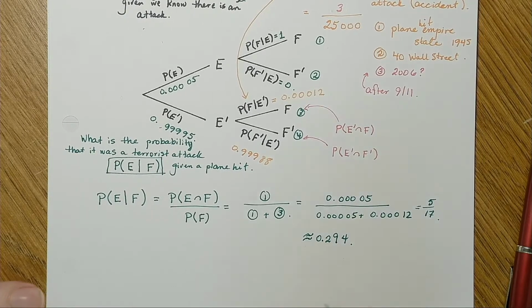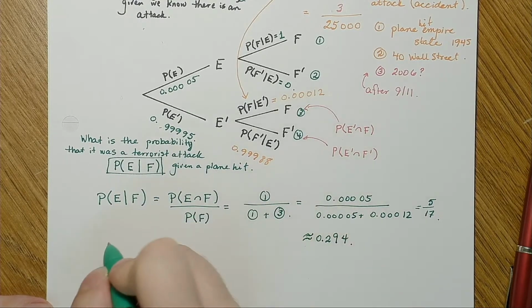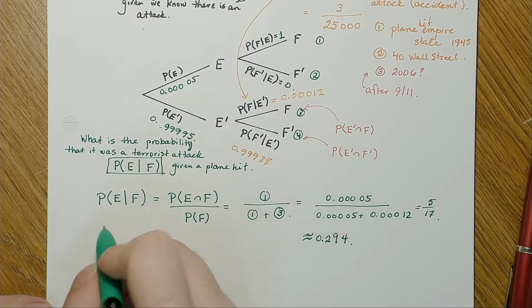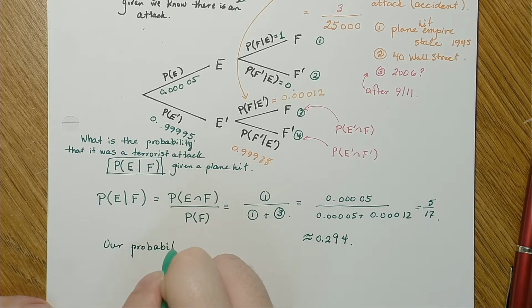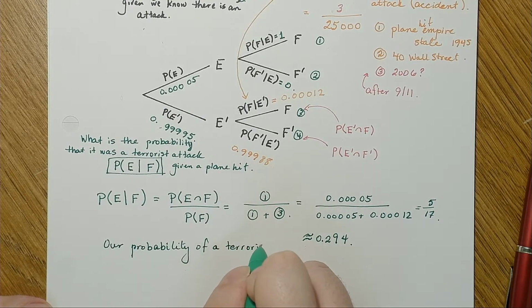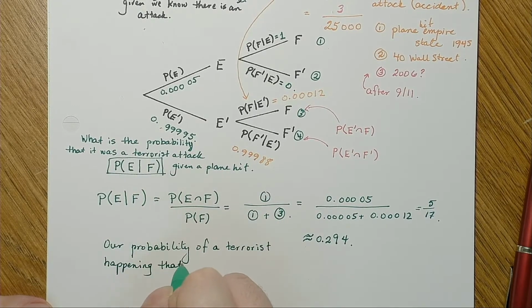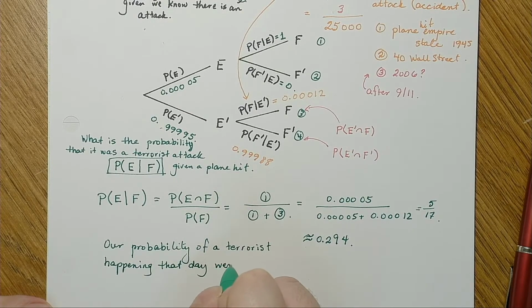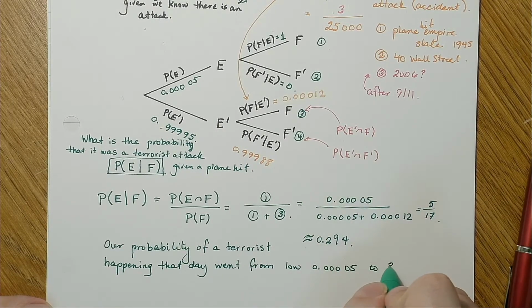So that's what happens when we get this new information. So our probability of a terrorist attack happening that day went from a low 0.00005 to around 30%.